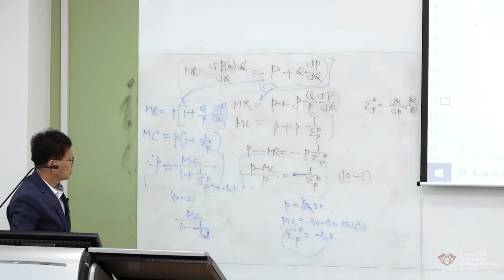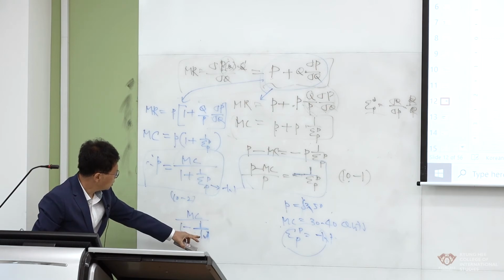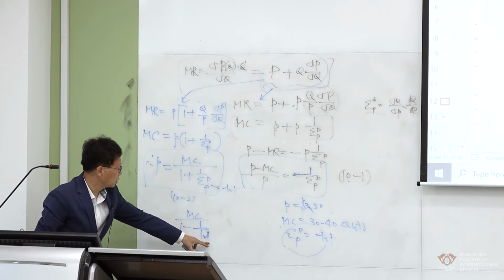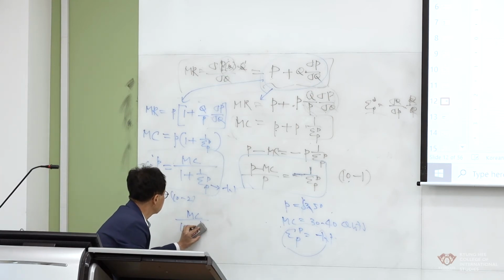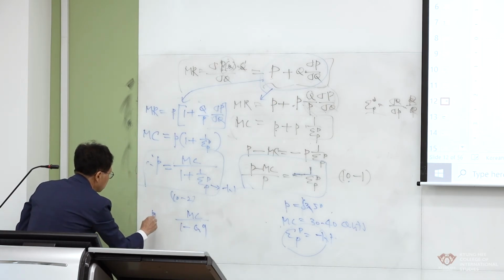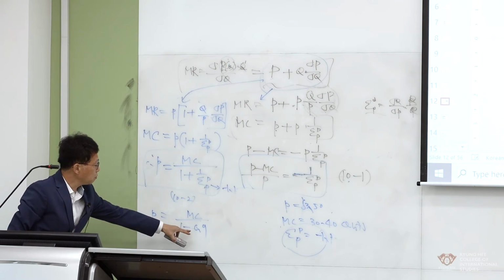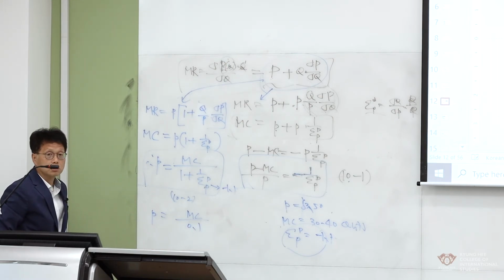What is this? That is approximately 0.9. So in numbers, 1 minus 0.9 is 0.1 marginal cost.